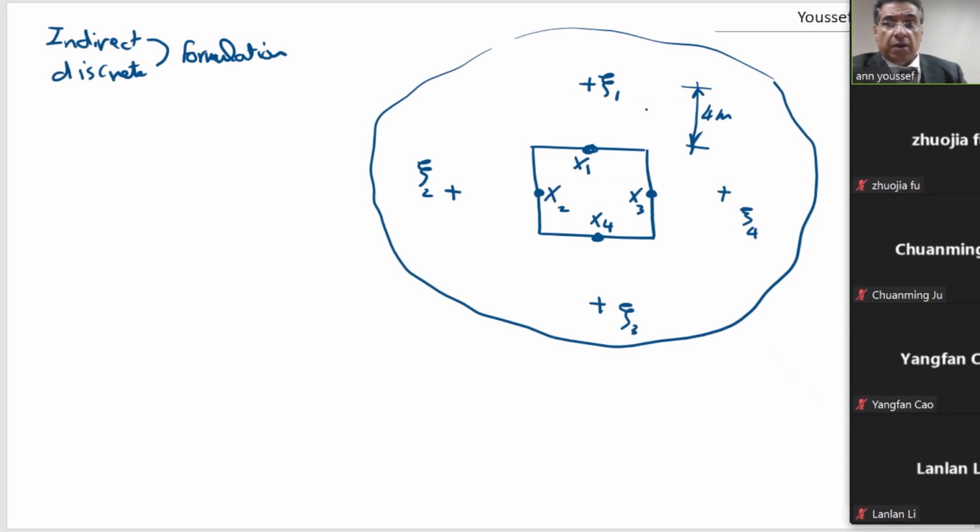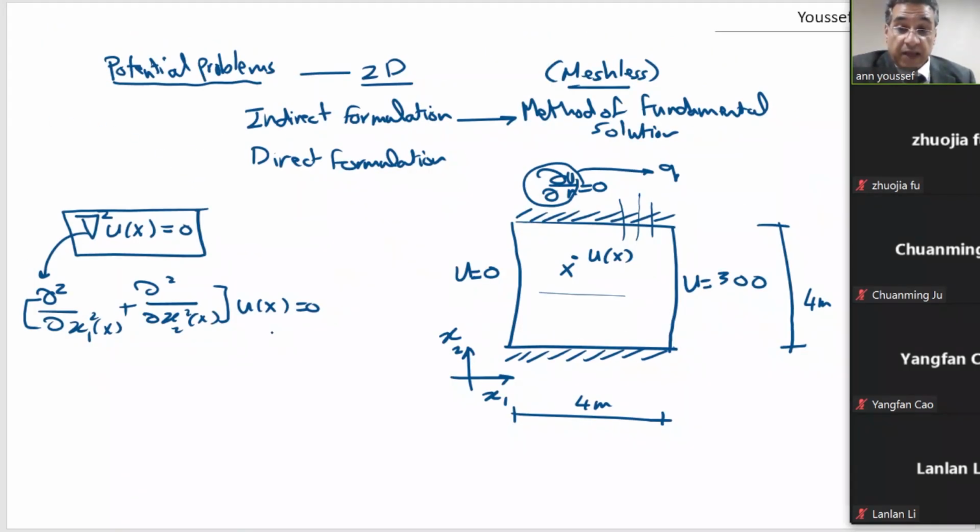So I knew very well from the potential problem, if I come back to this differential equation, I have an associated fundamental solution with it.